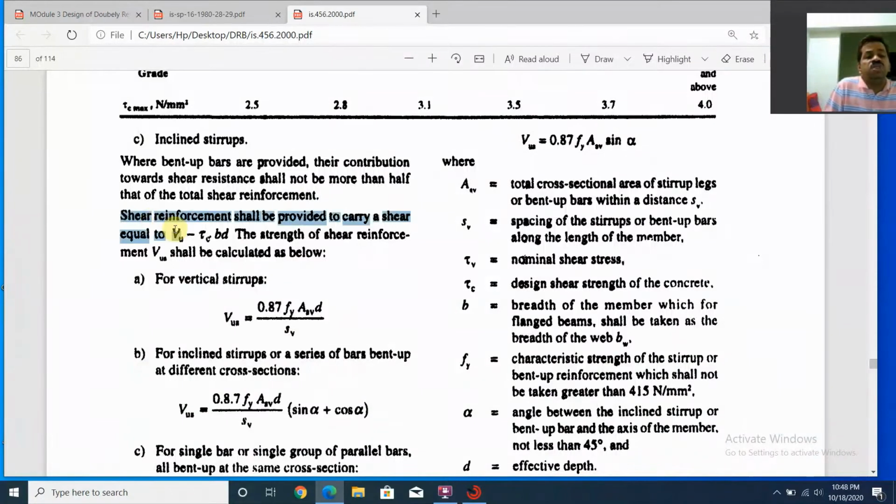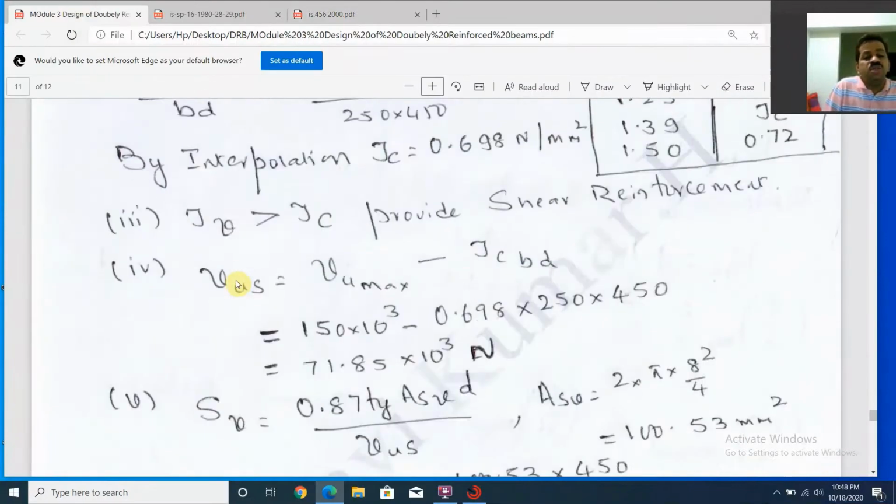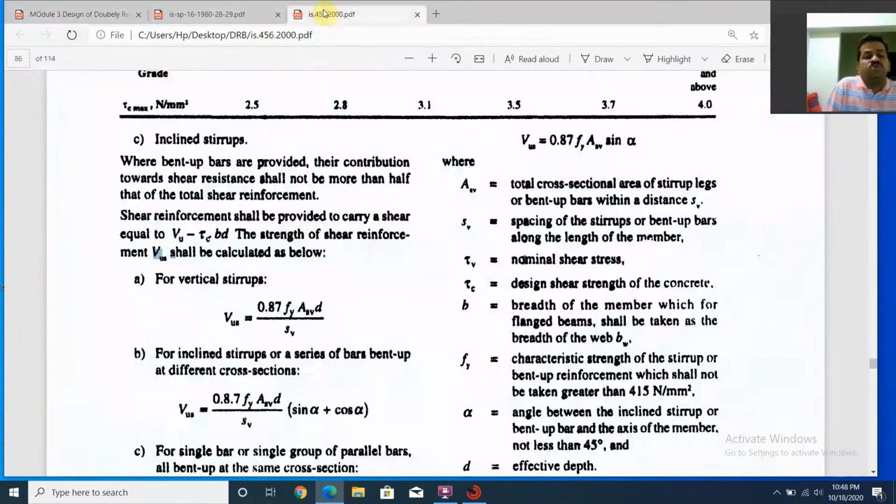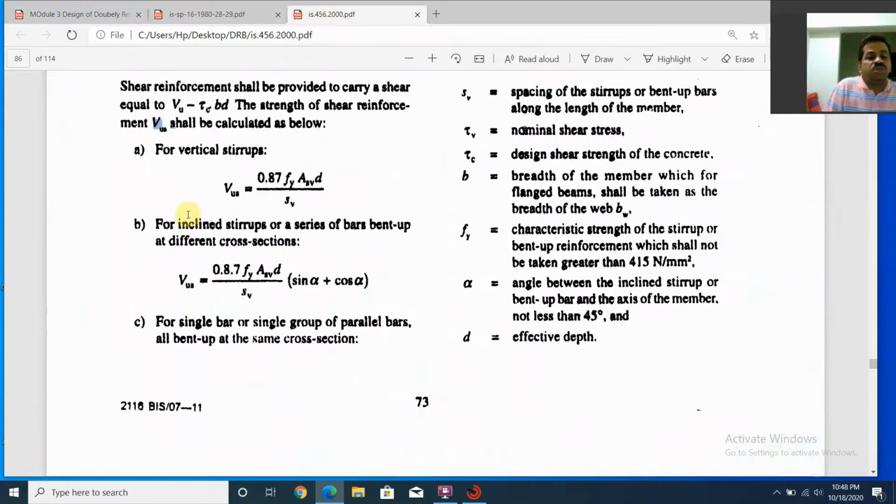First we have to find out what is the shear reinforcement we shall provide to carry a shear force equal to Vu minus tau C bd, and that is called as Vus in the problem. So hence I have done the step Vus is equal to Vu max minus tau C bd, which has been told just now.